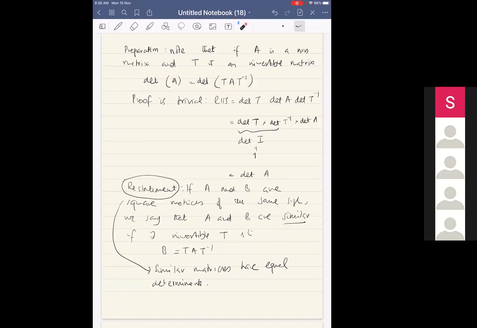If two matrices are similar when one can be got from the other by conjugating by some invertible matrix, then this is an equivalence relation on the space of n by n matrices. Every matrix A is similar to itself, because you can take T to be the identity matrix.